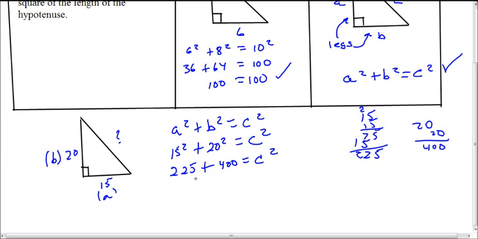Now we will simply add 400 plus 225, and 5 and 2 and 6. So here we will come up with 625 is equal to C squared.